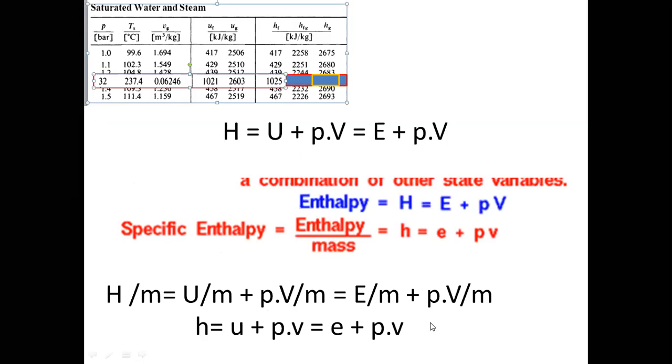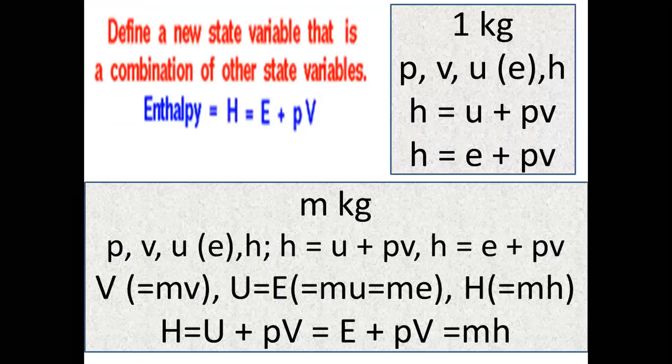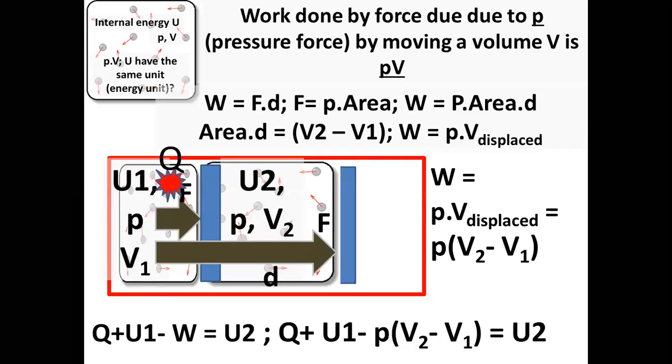H is E plus PV because that is a very useful term. Finally, for constant pressure, work done by force due to pressure P moving a volume V, work done is P times V2 minus V1.